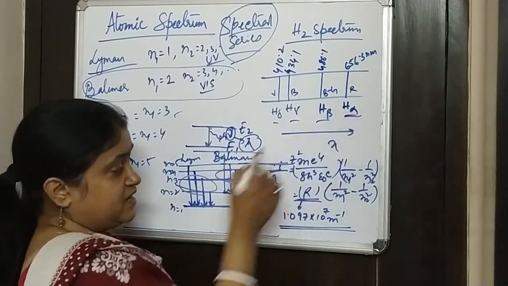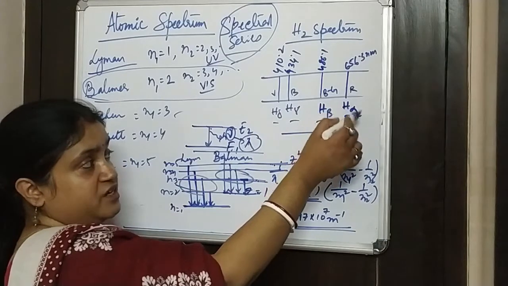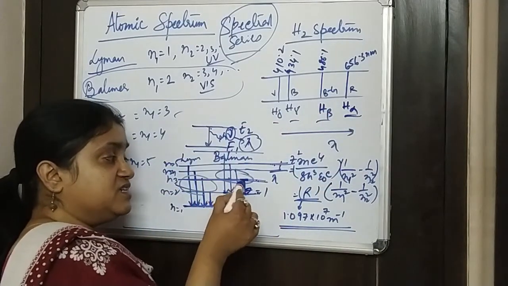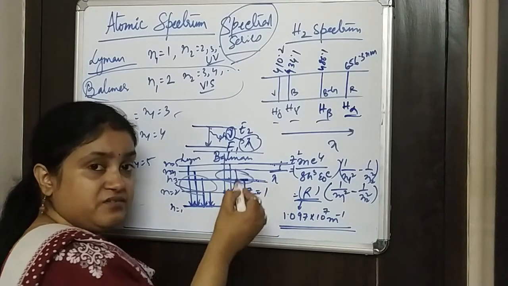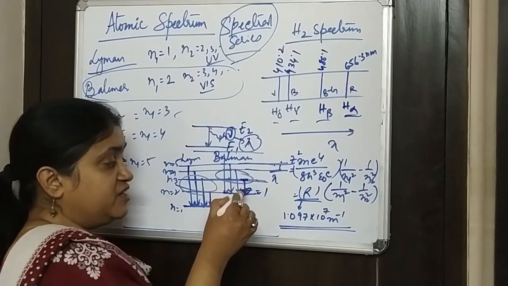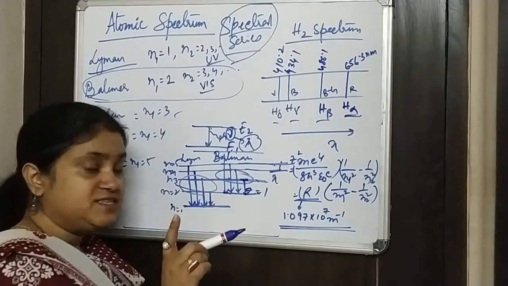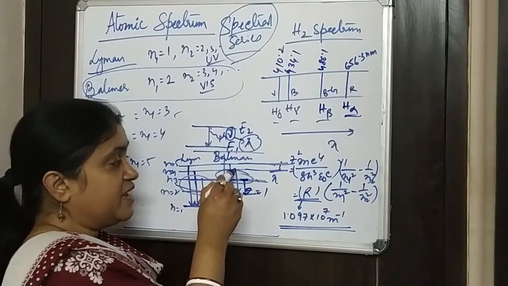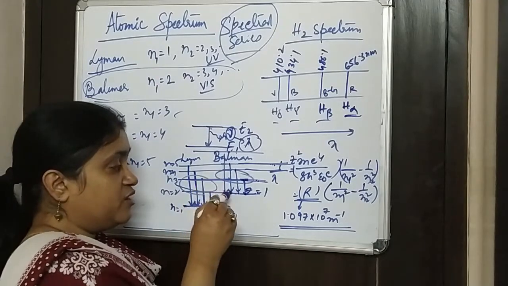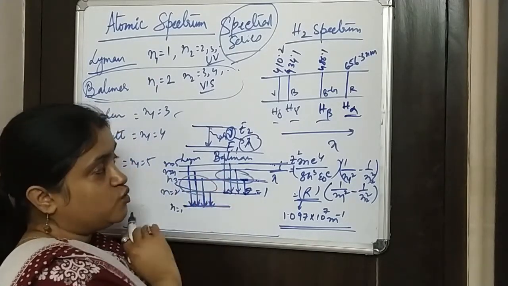So the first line in the Balmer series, we call hydrogen alpha. This first line is the transition from the adjacent higher level to this lower level. So from n3 to n2, this is the first line in the Balmer series. n4 to n2 is the second line, n5 to n2 the third line, and so on.